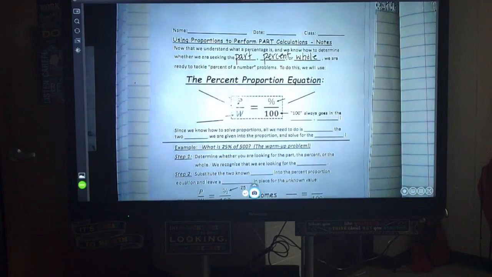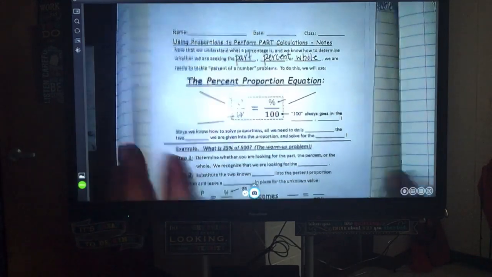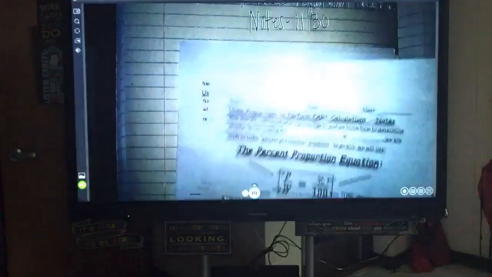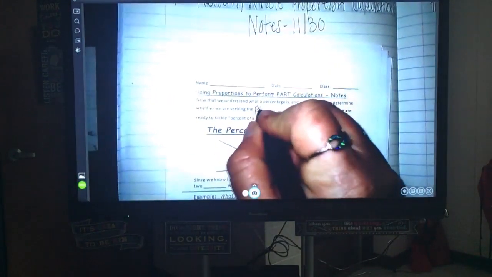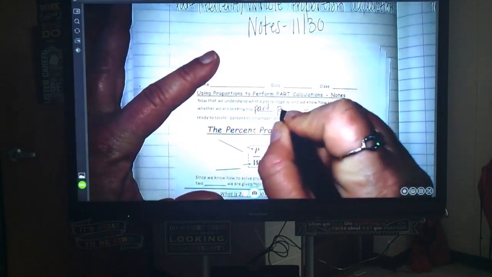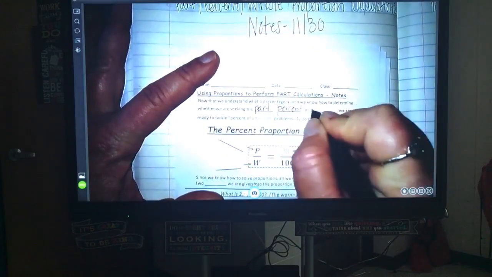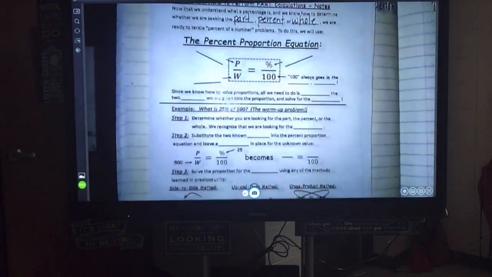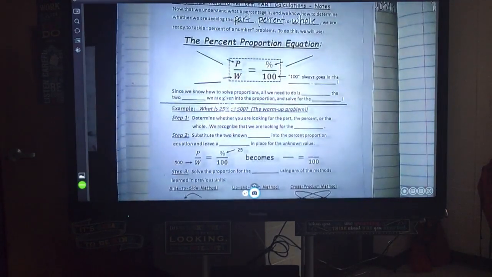To do this, we will use the percent proportion equation. This equation is really good, and the reason I like it is simply because it's always the same, and it's just substituting in one thing that's missing.